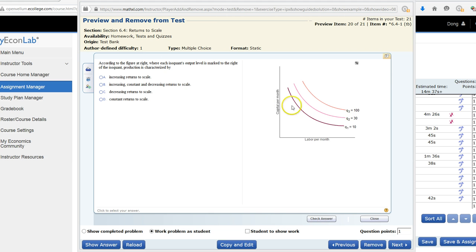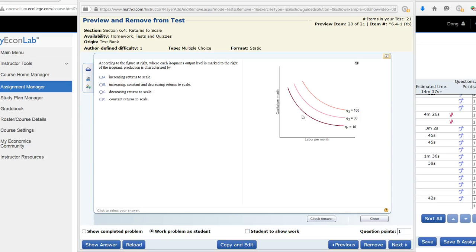D. Constant return to scale. So this is a relatively hard question because it requires a firm understanding of what is meant by increasing, decreasing, or constant return to scale. Return to scale is a concept which says that if you double the input, what happens to the output?